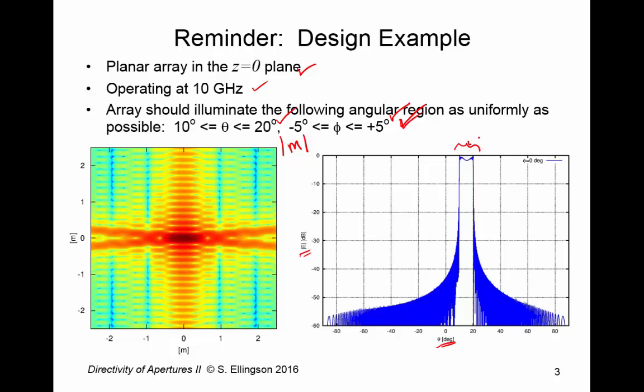And it wasn't exact, and the reason it's not exact is because we're truncating the distribution. The distribution that's required to actually create this particular pattern requires currents that go off to infinity in all directions. So by truncating that pattern, we end up with a variation over the specified range and then also side lobes.